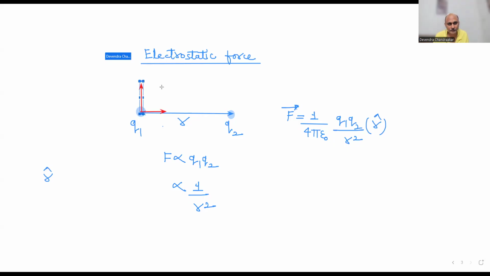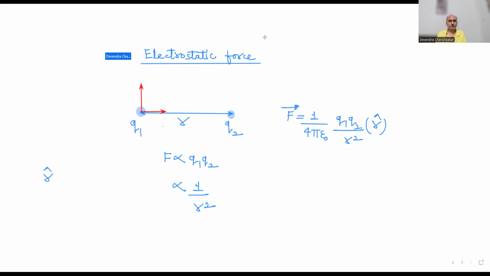For Q2, R cap will be this direction. Radially outwards. This is the positive direction of the R vector for Q1 and Q2. I hope all of you understood this.